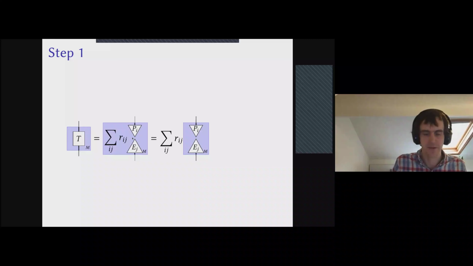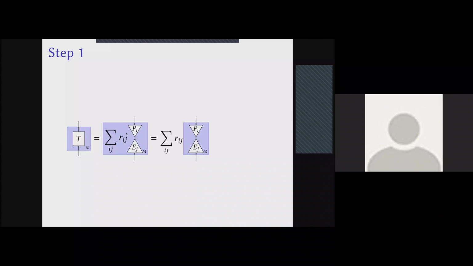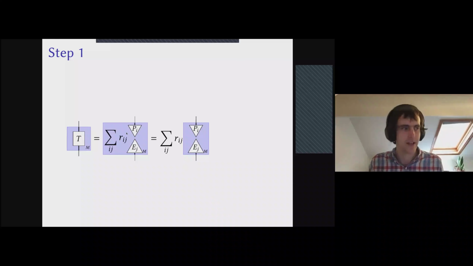The next step we use is a little bit subtle. So in an ontological model, convex combinations have to be preserved. So if what you've done operationally is toss a coin and decide whether to do preparation 1 or preparation 2, then in the ontological model, the probability of getting a particular ontic state should just be half what it was for the first preparation plus half what it was for the second preparation.